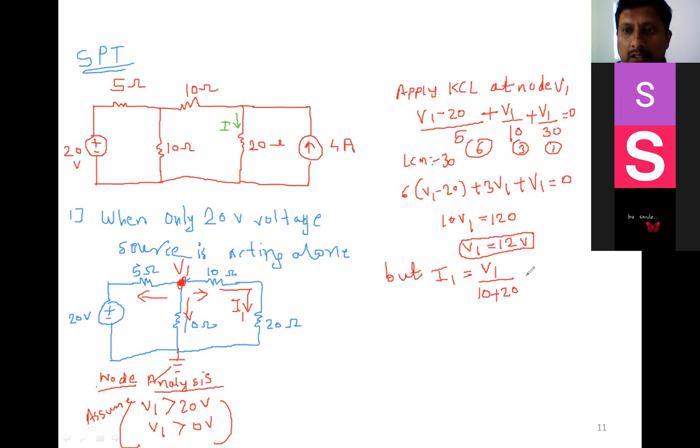V1 is 12, so 12 divided by 30. Anyone can tell what the current is? 2 by 5, that is 0.4. Yes, 0.4 ampere will be the answer.